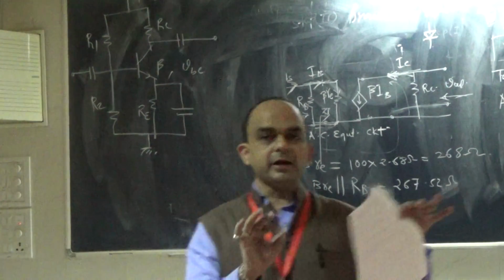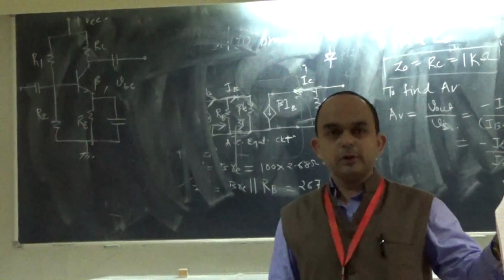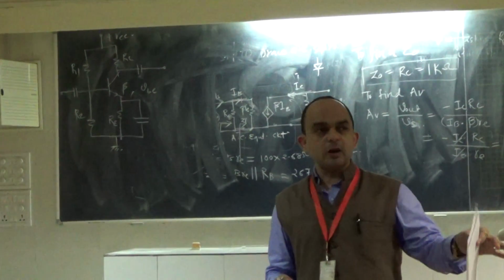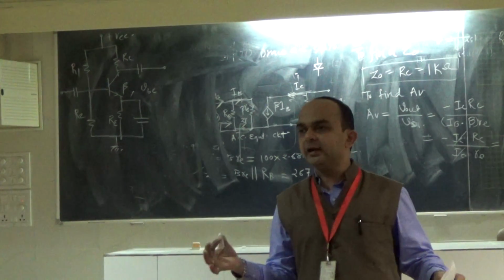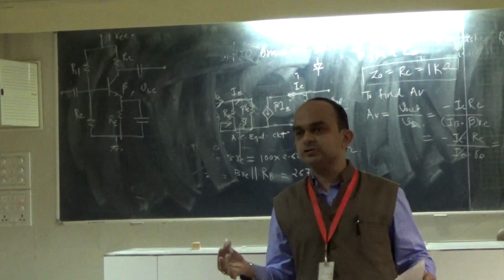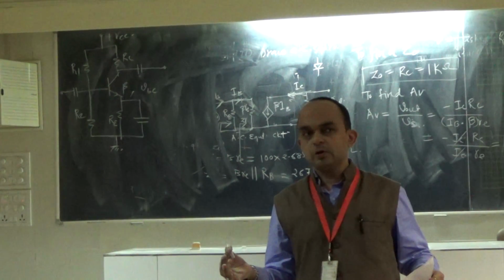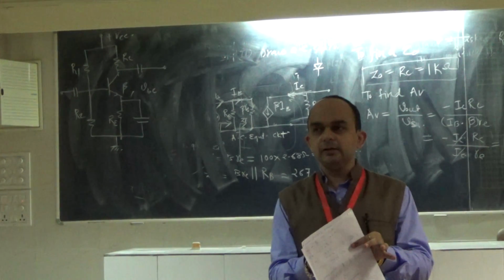Then you will draw the AC equivalent circuit. Beta RE on the input side, since it is a forward-biased junction diode. On the output side it is a constant current source. That model you will keep in between.